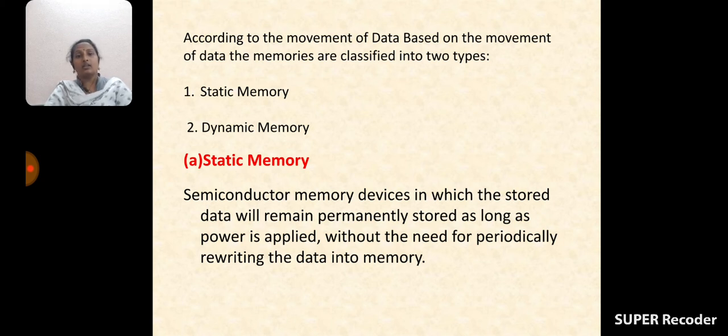That means even though the power is switched off, the data is saved permanently in the location. Whatever data we entered is permanently stored. That is called static memory.